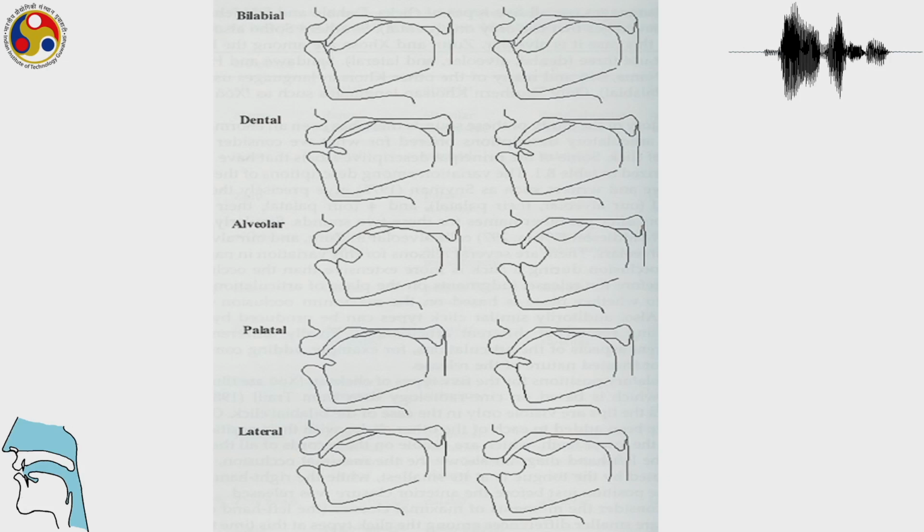For the alveolar, again we see the tongue making an occlusion at the alveolar region, pocket of air created, and then lowered, which is responsible for the negative energy, so lowered pressure as the air rushes in after the front closure is released. This is the palatal, this is the lateral when the air is released from both sides.